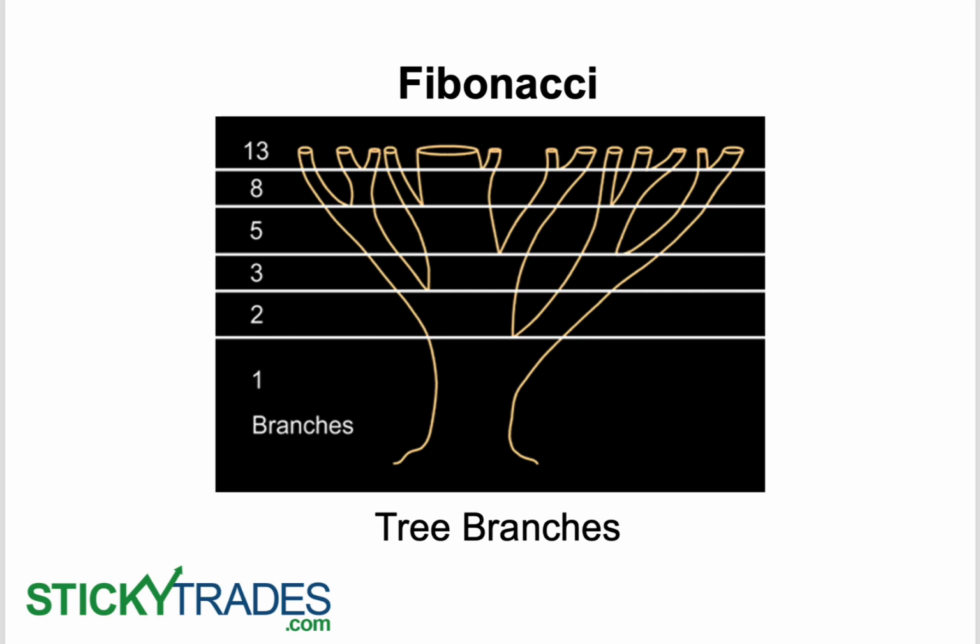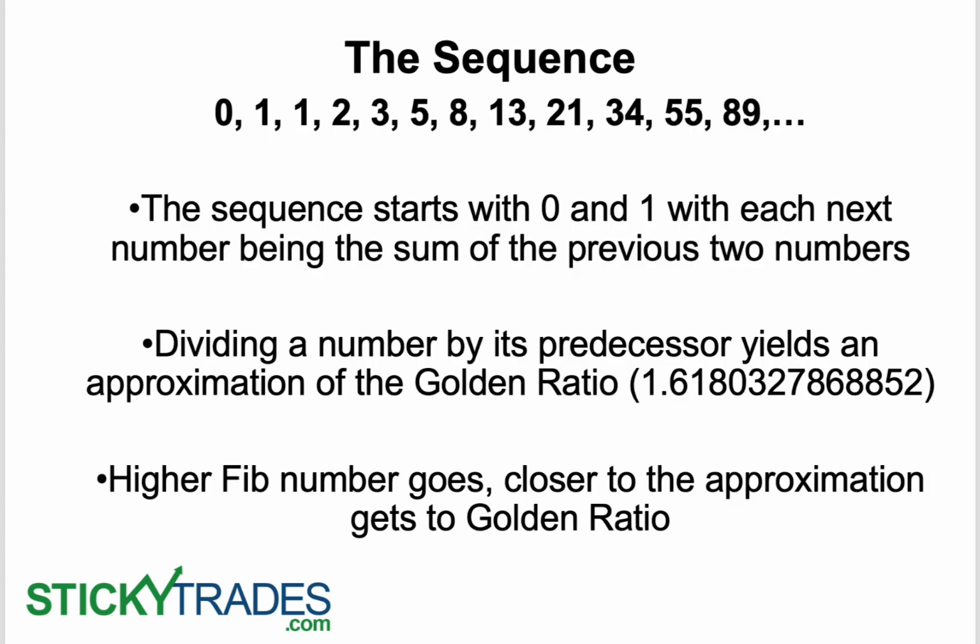So what is the actual sequence? It starts off with the number 0 and 1, and you simply add the two numbers together to get the next number in the sequence, and you just keep going up that way. So 0 plus 1 equals 1, 1 plus 1 equals 2, 1 plus 2 equals 3, 2 plus 3 equals 5. You can see how the math works.